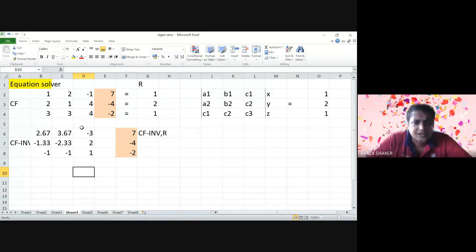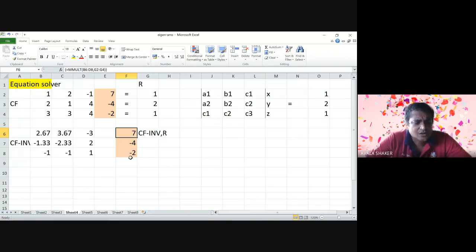Okay, then how do we calculate the x, y, and z? You will have to multiply the inverse. So this will become an identity matrix. If you multiply this CF inverse with CF, this will become an identity matrix. So therefore on the left hand side you will have x, y, and z, and you will have to multiply the inverse with the right hand side.